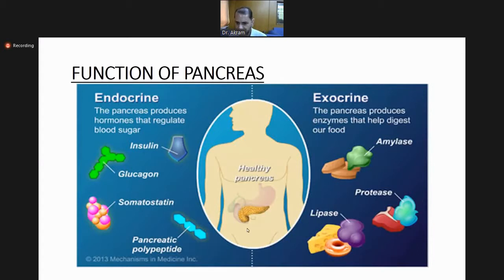When they come outside, they digest the pancreas and other neighboring structures, such as the colon and stomach, because the pancreas lies posterior to the stomach and anterior to the vertebrae.